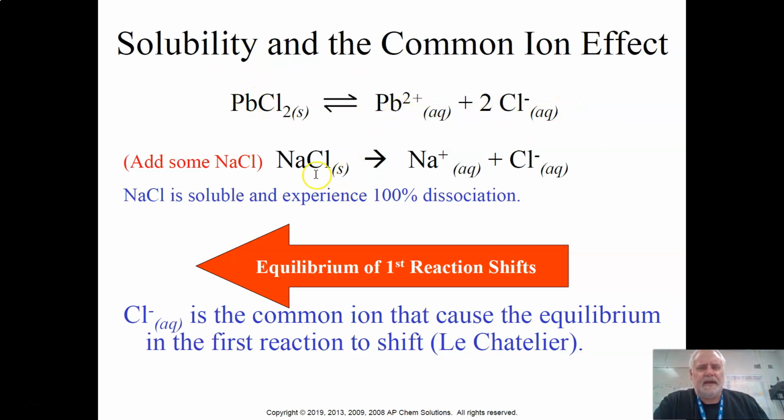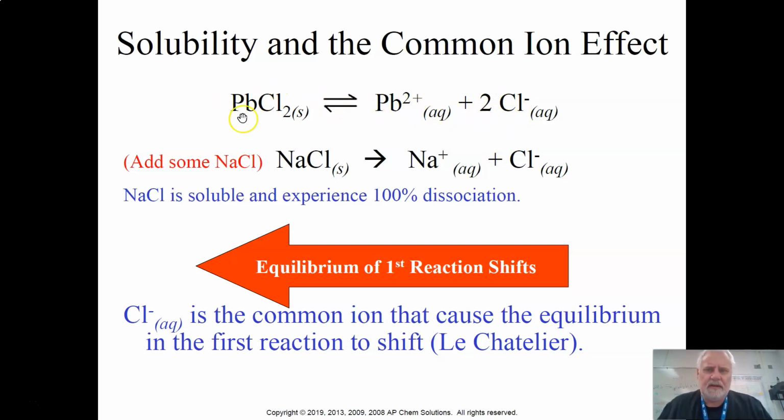For instance, let's say you add a pinch of salt to this equilibrium system. Well, you're not adding NaCl, that's not in there. You're not adding Na+. You're adding the chloride ion. So when you dump something here, it will shift to the left.